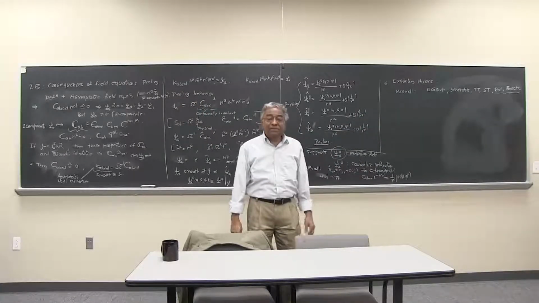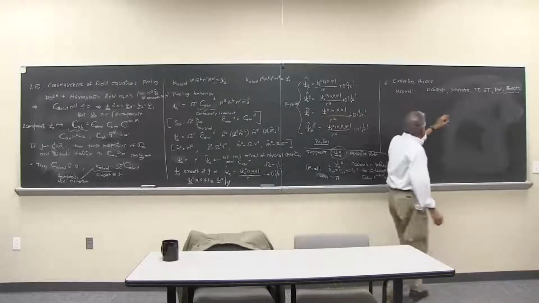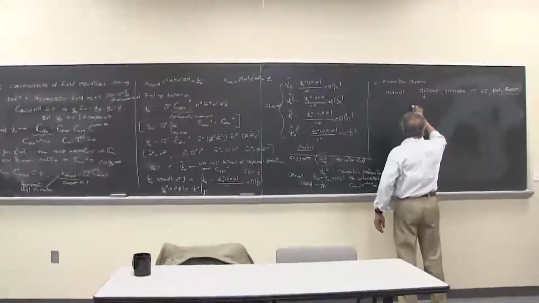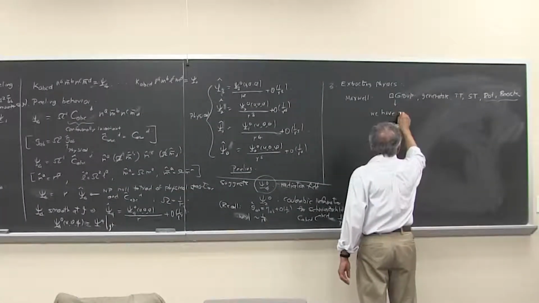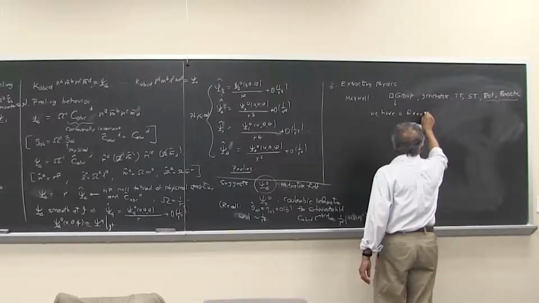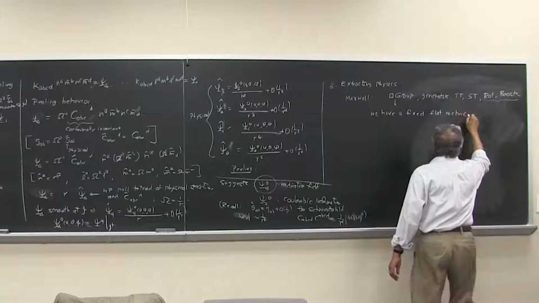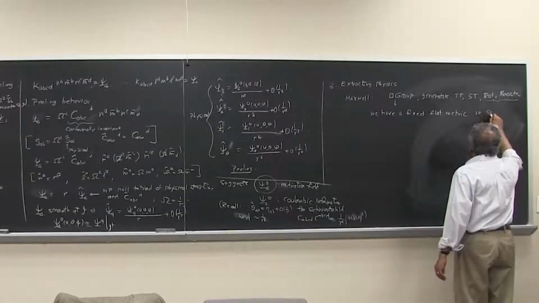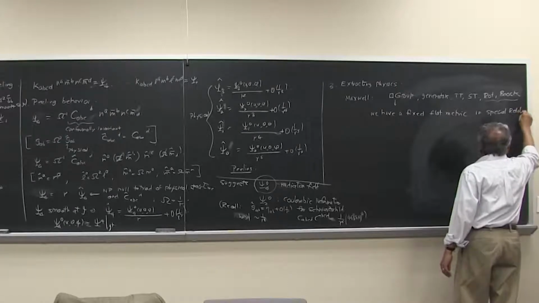But in general relativity, we don't have a symmetry group, right? So here we got the Poincare group. The reason why I got the Poincare group is because we have a fixed metric. So not just Maxwell theory, but any theory in special relativity.